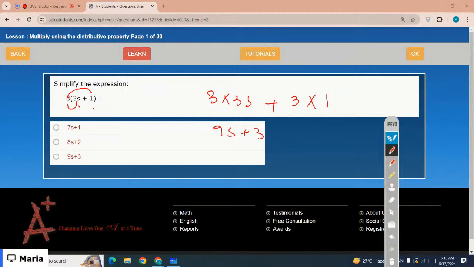So the correct option is option number 3. The correct option is 9s plus 3.